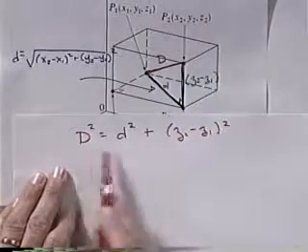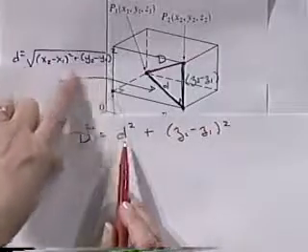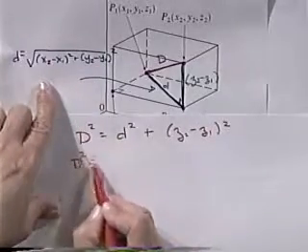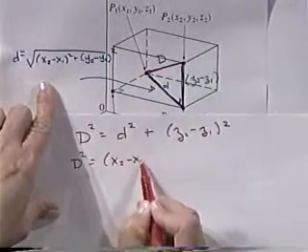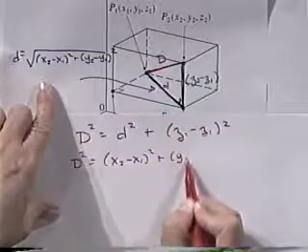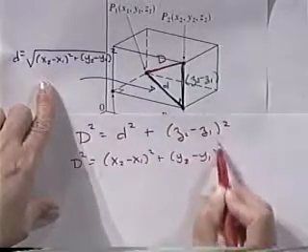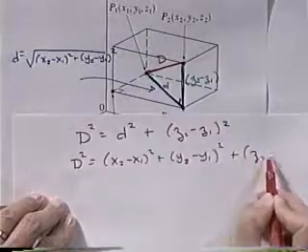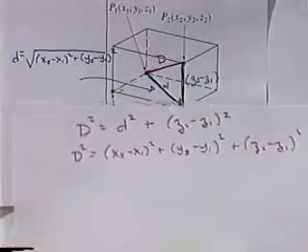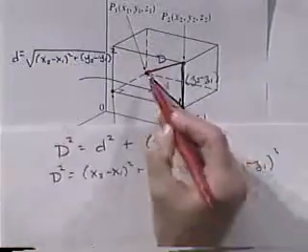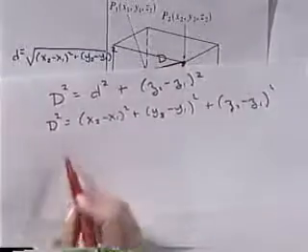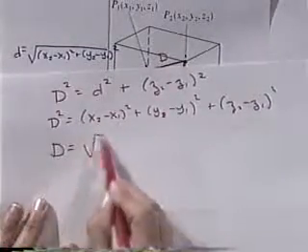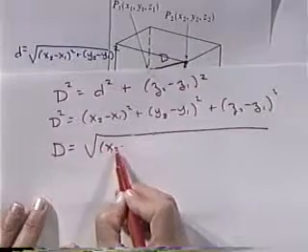But remember, little d was this. So if I square it, I just get what's inside. Plus, I had this z2 minus z1 squared. So if I want to find out what D is, the distance from this point to that point, all I have to do is take the square root of both sides.